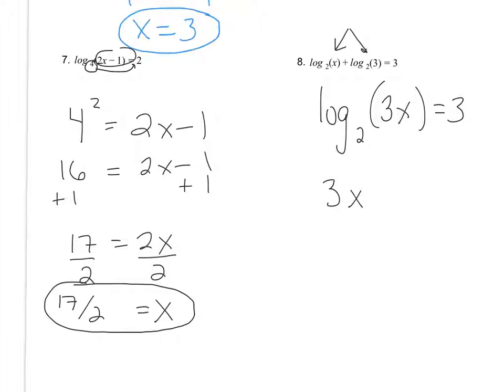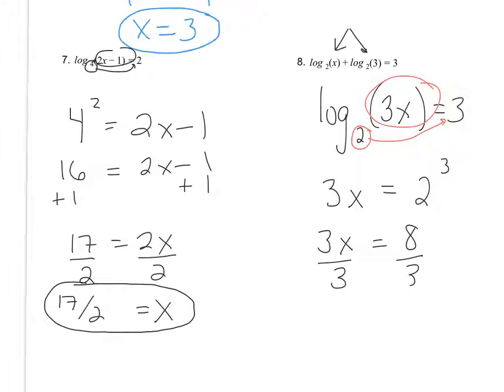So if I change forms, I get 3x equals 2 to the 3rd power. Again, same thing. Base to this equals this. So 2 to the 3rd power, 2 times 2 times 2 is 8. So I'll divide both sides by 3. So x is 8/3.